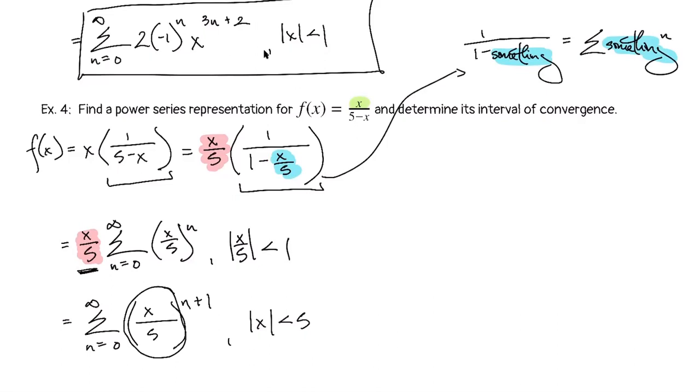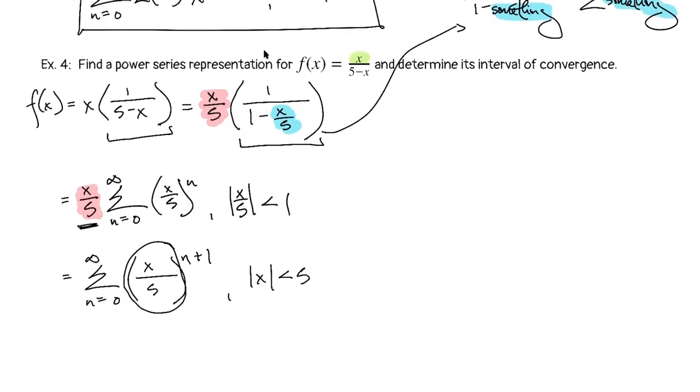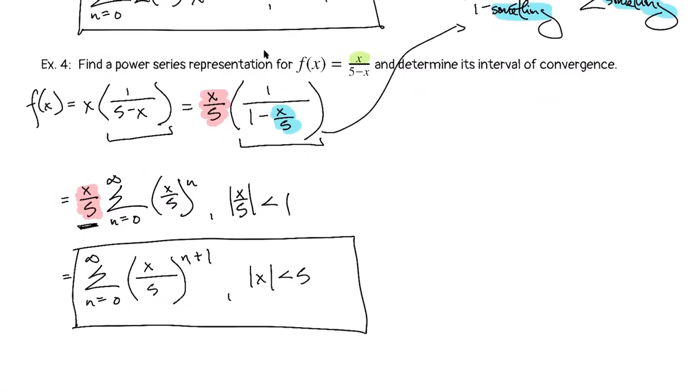So even though we're doing these more complicated applications here, we still have this idea that if it's geometric and it's going to converge, we need to make sure that common ratio is less than 1, okay? And so what we have here is our power series representation along with the interval of convergence for the function x over 5 minus x, okay?